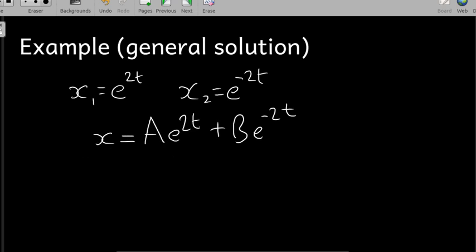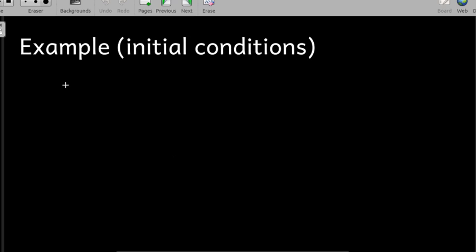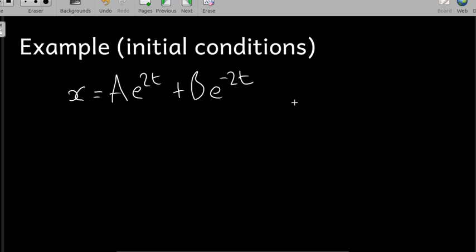Okay, so on the next slide here, we're going to work down and see what the constants a and b would have to be given the initial conditions that we started with. So the general solution that we have is x equals a e to the 2t plus b e to the minus 2t. And we have the initial conditions x of 0 equals 1 and x dot of 0 equals 2.